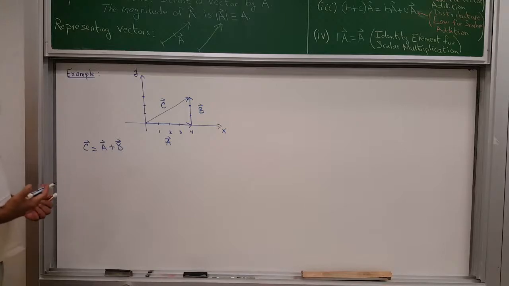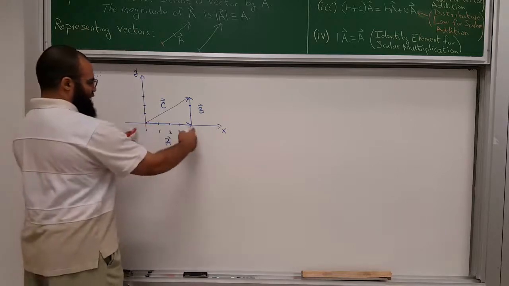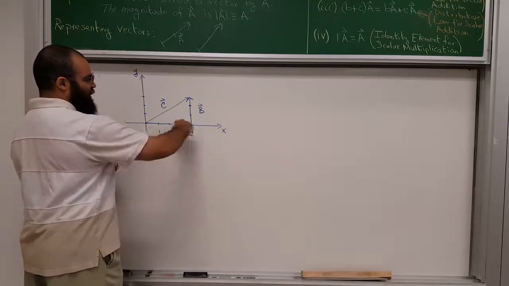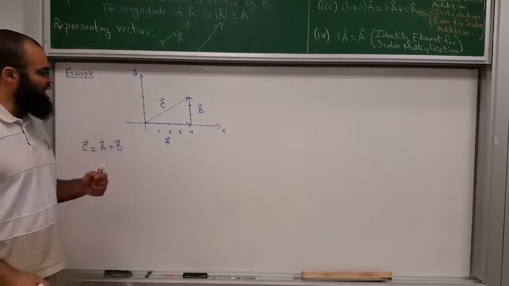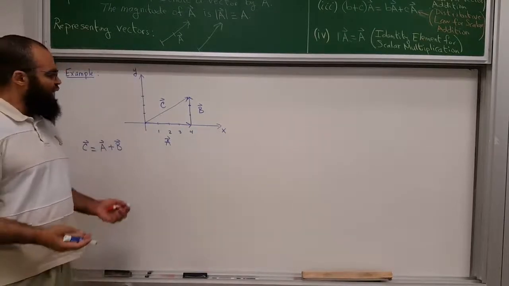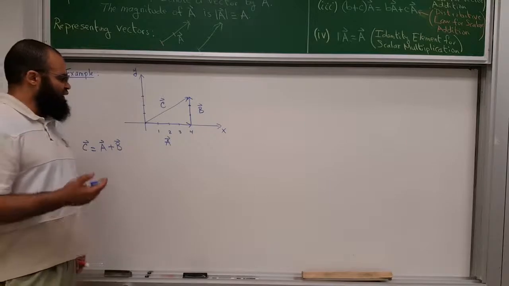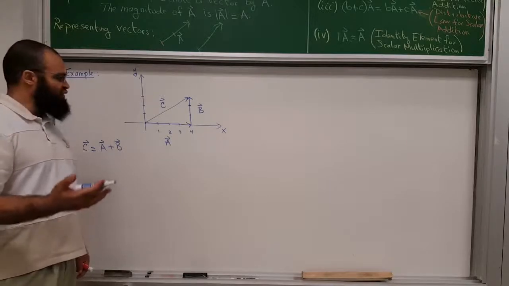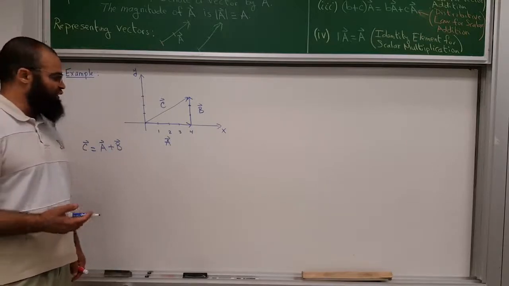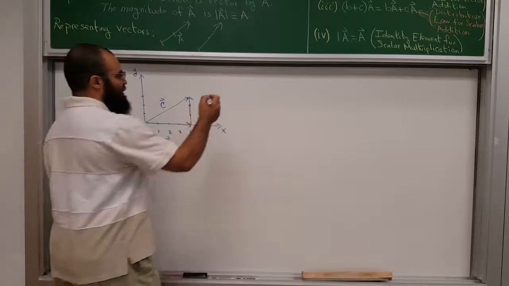So how do I give it a numerical form? I know that the size of vector A is 4 units, and it's along the x direction. It does not have any y direction. So I can just use words and say vector A is 4 units in the positive x direction, but there is an abbreviation for that.